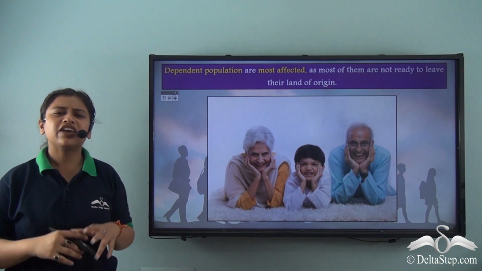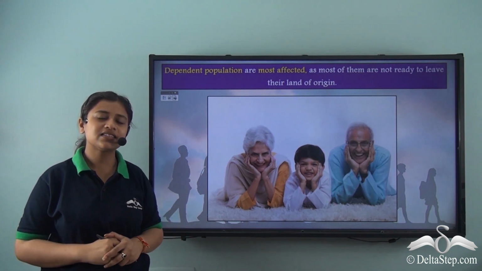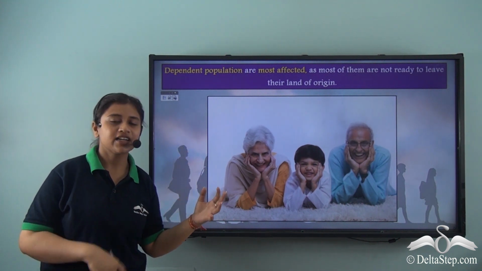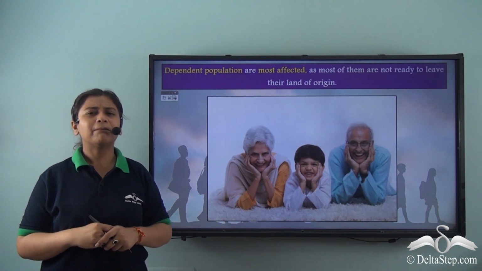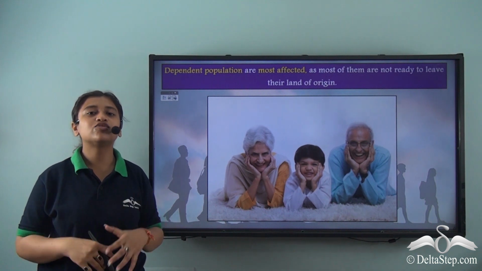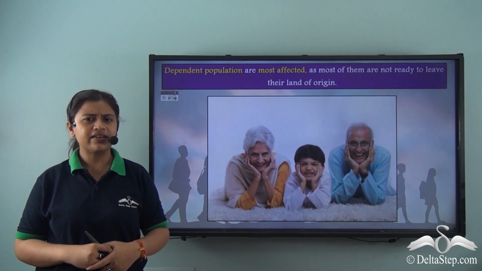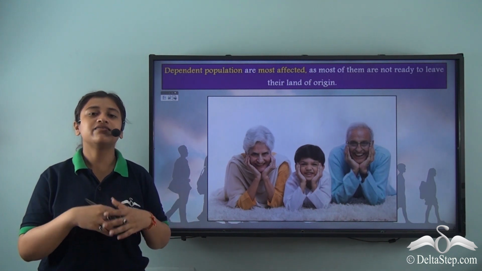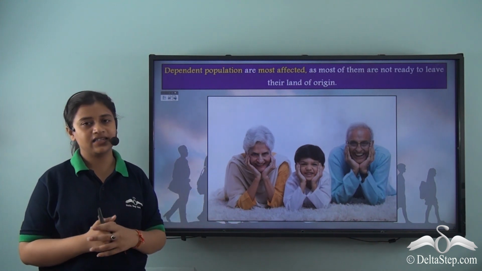Now, if you remember Ravi and his family from our previous lesson, yes, I had told you about his family migrating from India to Australia because his father got a better job opportunity there. But there's something that I missed, and that is his family also includes Ravi's grandparents. Now, the grandparents were not at all ready to leave their country, and so Ravi's family had to leave their grandparents back in India.